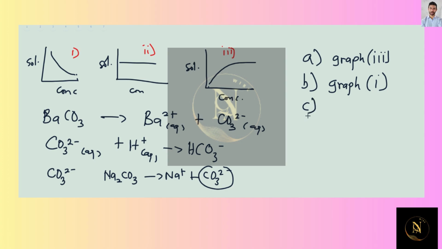C asks which graph represents what happens to barium carbonate as NaNO3 is added. NaNO3 will go into solution to produce Na+ and NO3-. Neither Na+ nor NO3- can interfere with the CO3 2-.